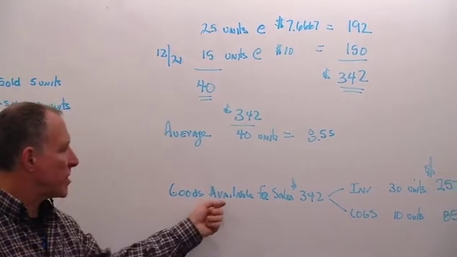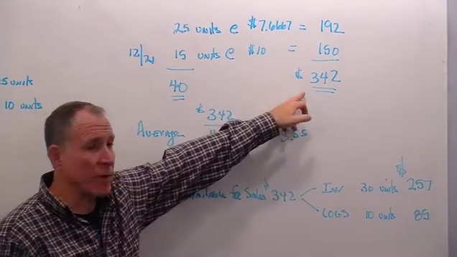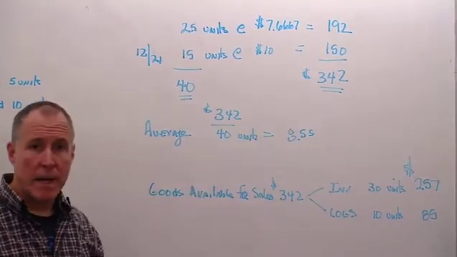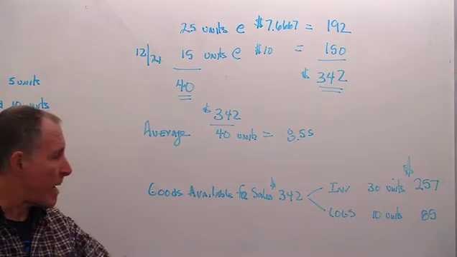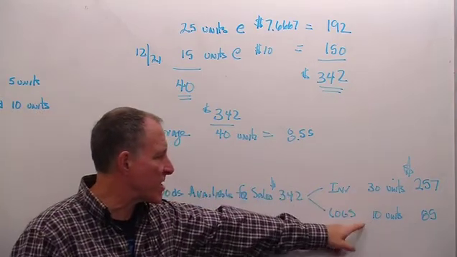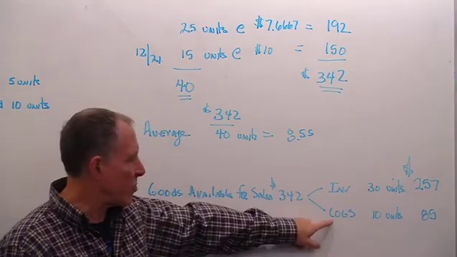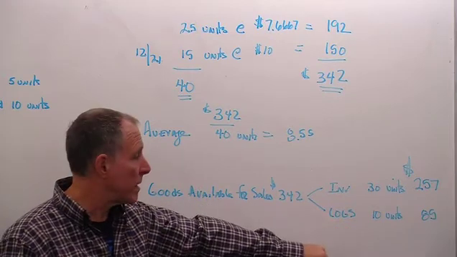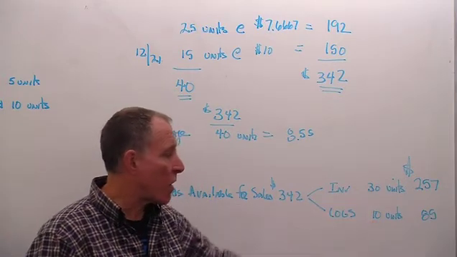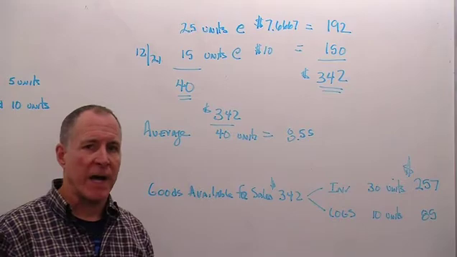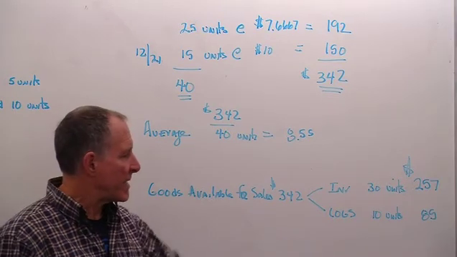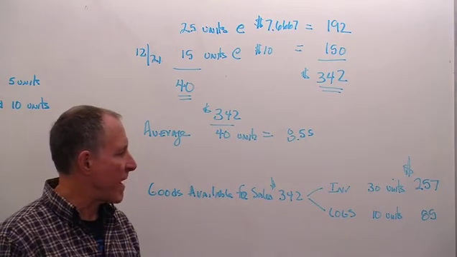The cost of goods available for sale is the $342. How much of that am I going to keep? I'm going to keep 30 units. I'm going to sell 10. Again, COGS, cost of goods sold. Those 10 units I sold are going to be at $8.55. That means 10 times $8.55.